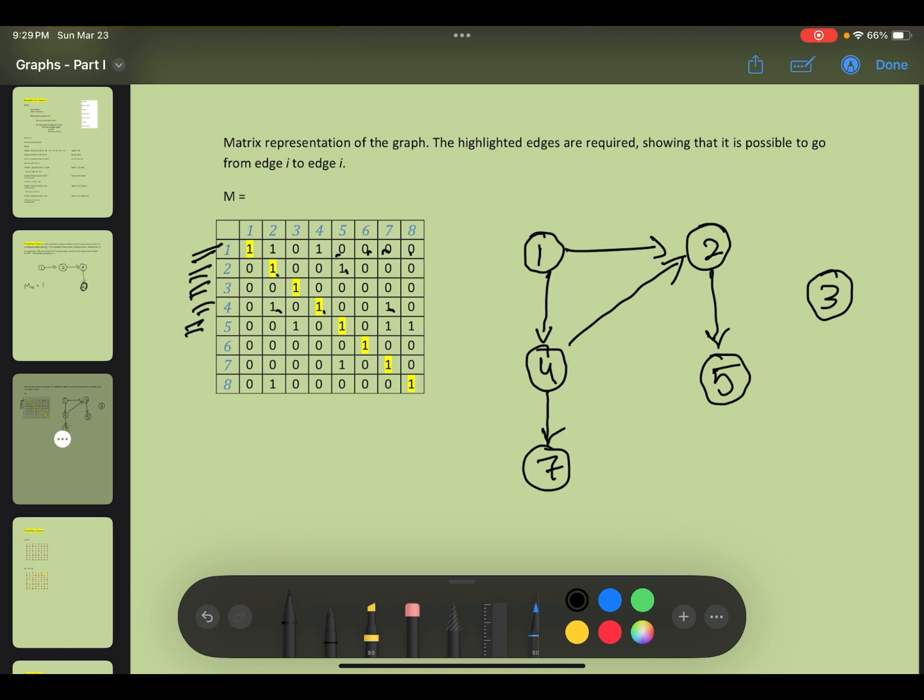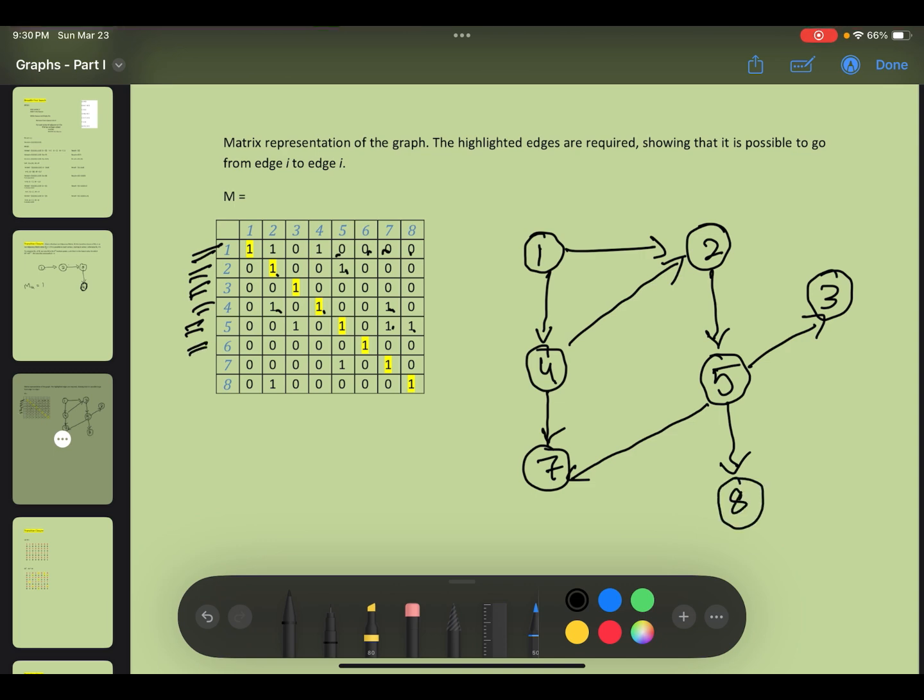Coming to the next vertex 5, vertex 3 is reachable from 5, vertex 5 is reachable from 5, vertex 7 is reachable from 5 and 8 is reachable from 5. So we are going to draw a direct edge from 5 to 3, of course from 5 to 5, and there's a direct edge from 5 to 7 and a direct edge from vertex 5 to vertex 8.